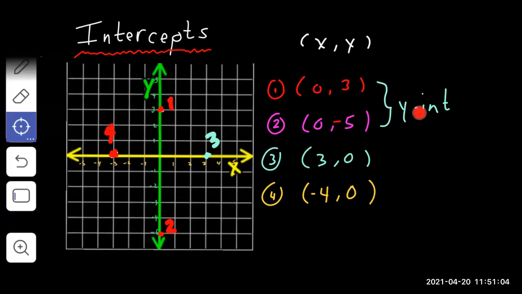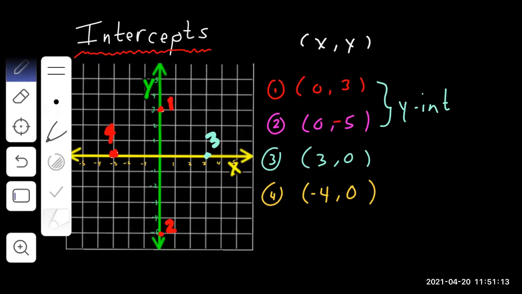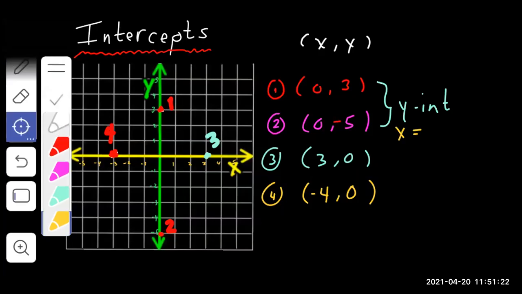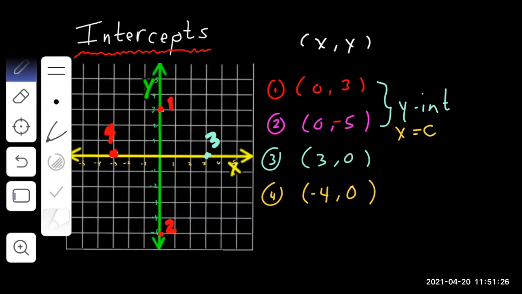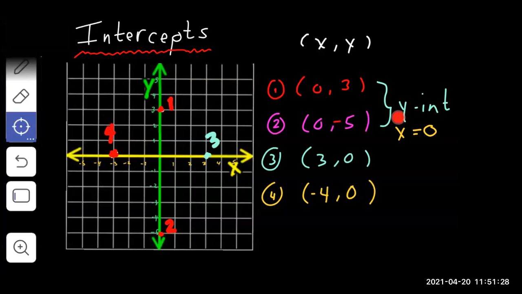And when you say y-intercept, what is the value for x? 0. Yes, it's 0. When you say y-intercept, the x is 0 because you are on this line. You're not moving. The x is 0.